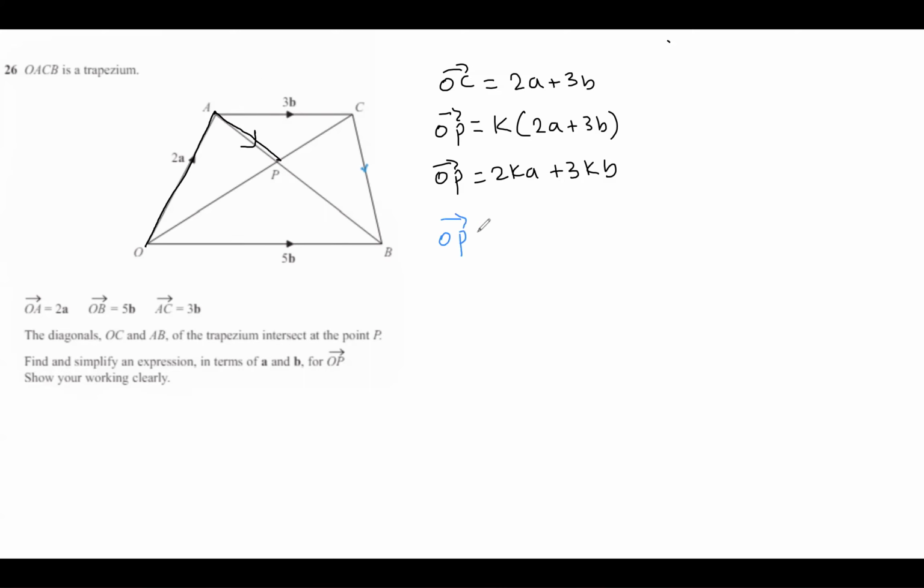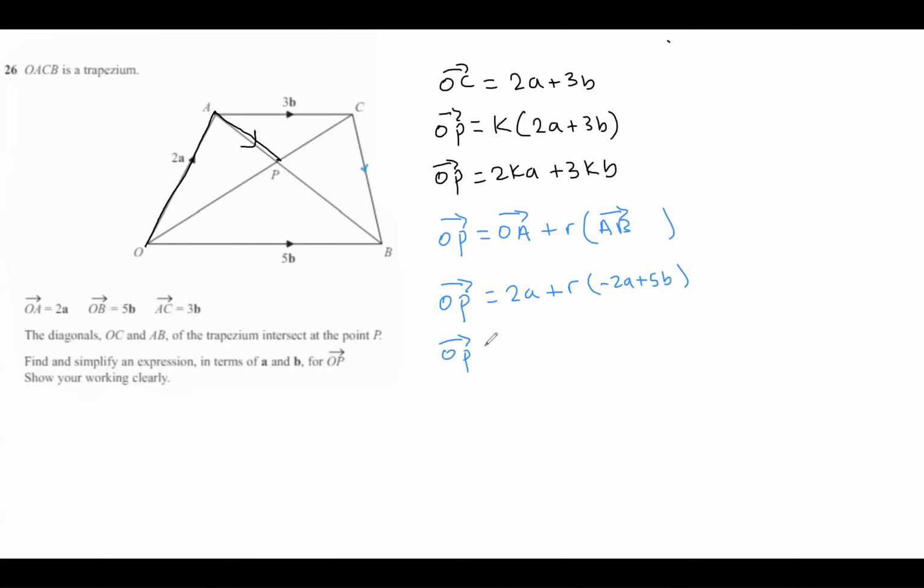OP is OA plus r lots of AB. Therefore, OP is equal to OA, which is 2a, plus r lots of AB. So that's going to be negative 2a plus 5b.